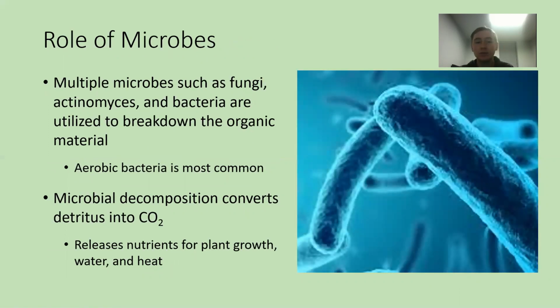Microbes play a huge role in composting because microbes are essential for decomposition. The main group of microbes that help with composting are bacteria, but fungi and actinomycetes are also involved. The main group of bacteria found are aerobic bacteria.